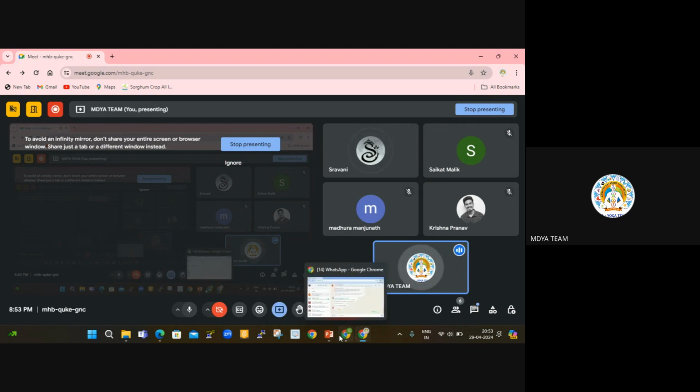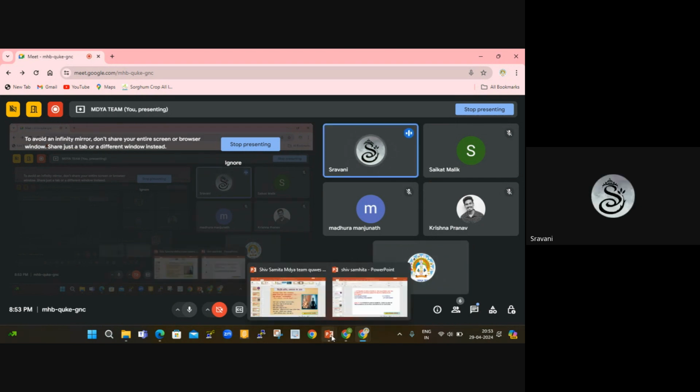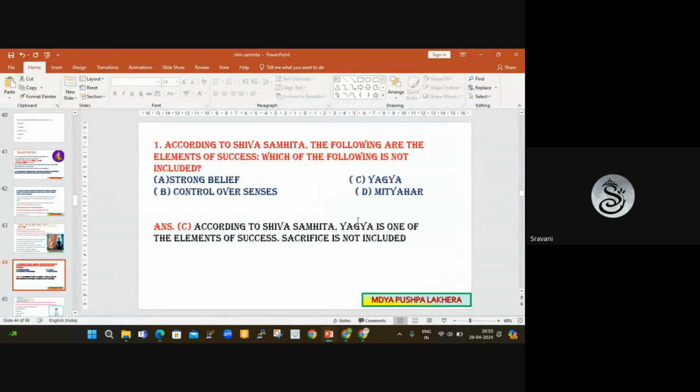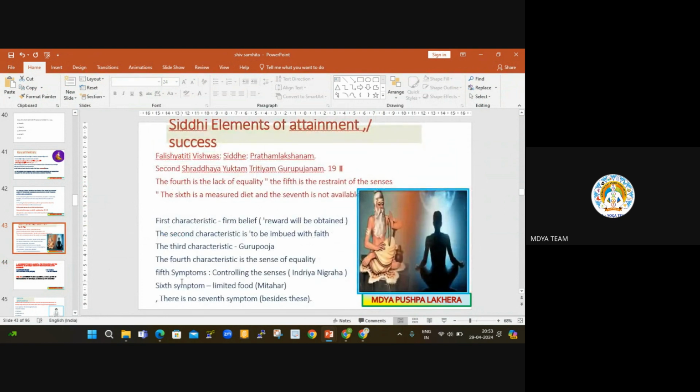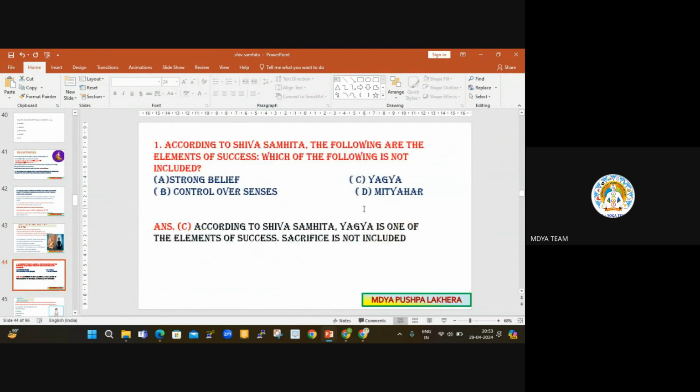Then what is the answer here? Strong belief, yagya, control over senses, mitahara. Yagya is not mentioned here. Yagya means havan. Is there anything mentioned that one needs to do havan anywhere? No, ma'am. So this one is the answer here.